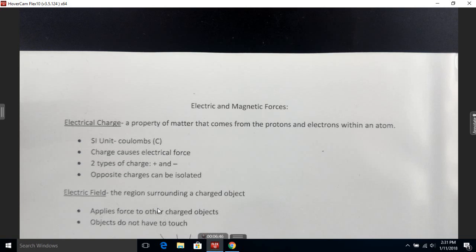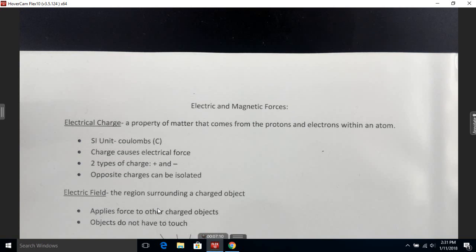Out of the three, gravity, electrical, magnetic, gravity's the weakest. That is crazy. Gravity's what holds the whole solar system together. How is it the weakest?